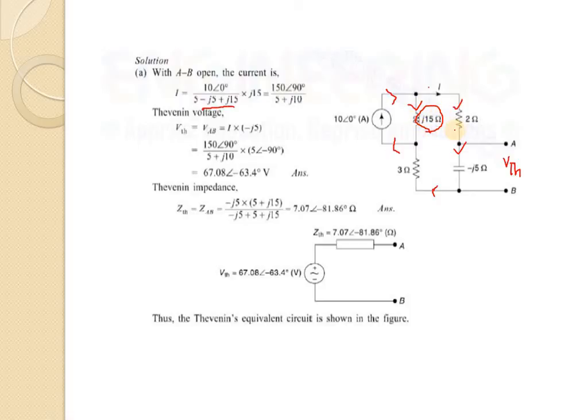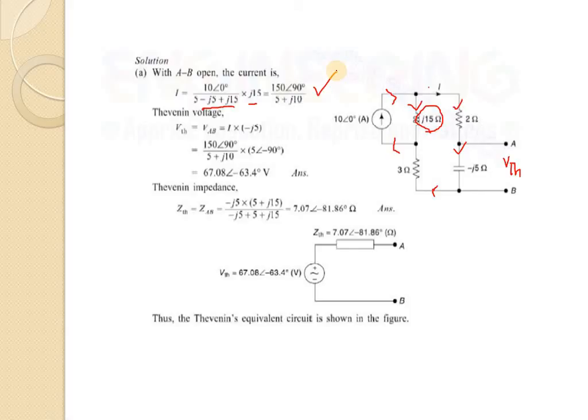So we have to multiply with this branch only. So we have multiplied this one divided by the total resistance present, that is this one plus this one plus this one plus this one. So this is this one, and we are getting that this is our total current passes through this terminal.